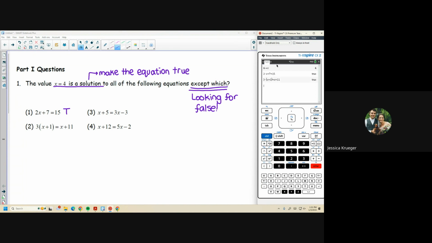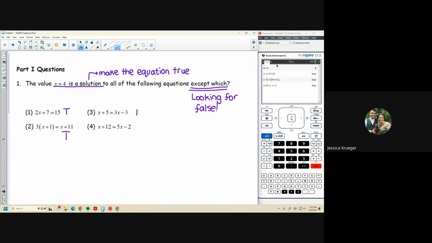If I hit enter, darn, I get that that's true as well. So now I can try 3 and 4. So let me try 3. 3 is x plus 5 equals 3x minus 3, not negative 3, minus 3. Oh, I get that's true too.